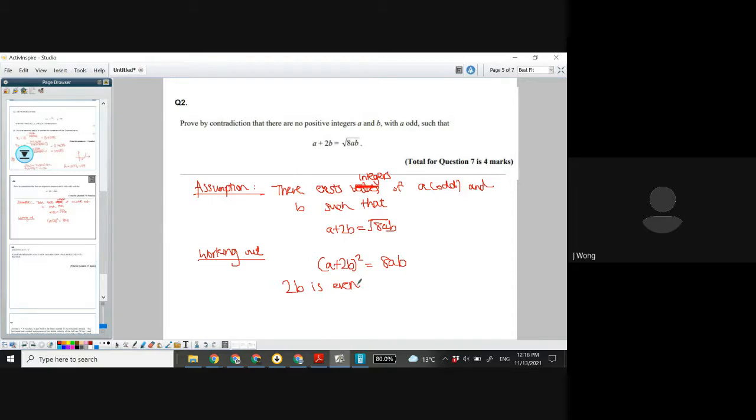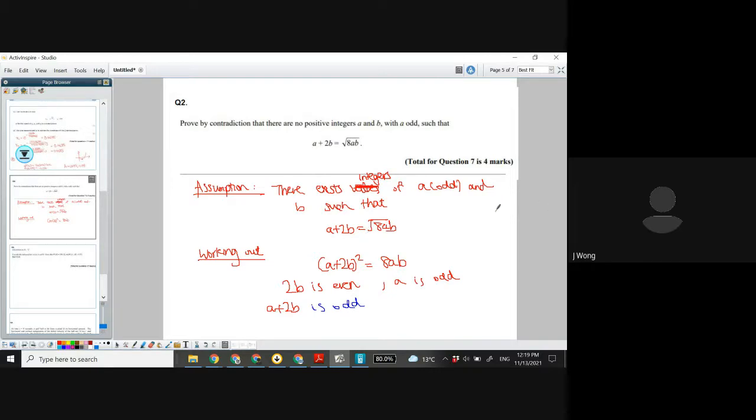And so if you have a, which is an odd number, and add to it 2b, where a is odd, so if you just imagine 3 plus 6, it doesn't matter, you will always get an odd number. Okay, so this is odd.